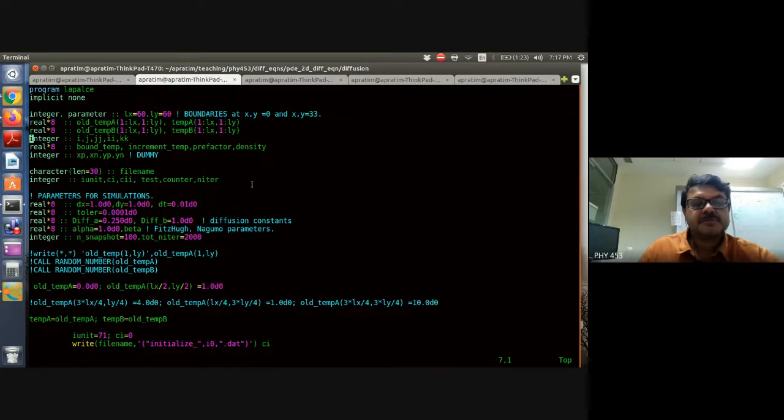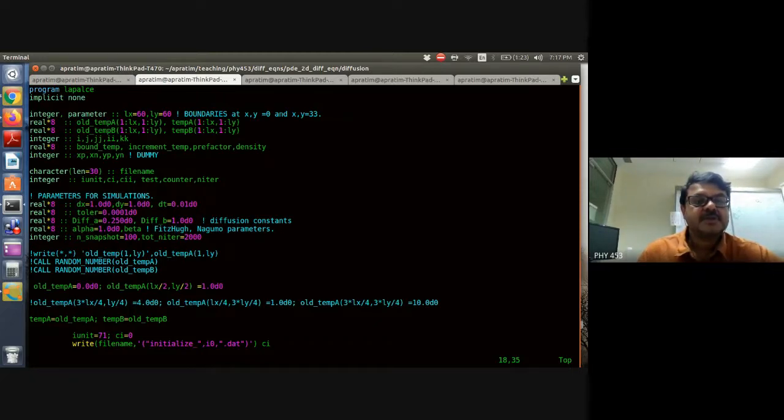So suppose you have a lattice which is 60 cross 60, and here I have written down the diffusion constant of A and diffusion constant of B, and the alpha and beta parameters corresponding to the FitzHugh-Nagumo parameters.